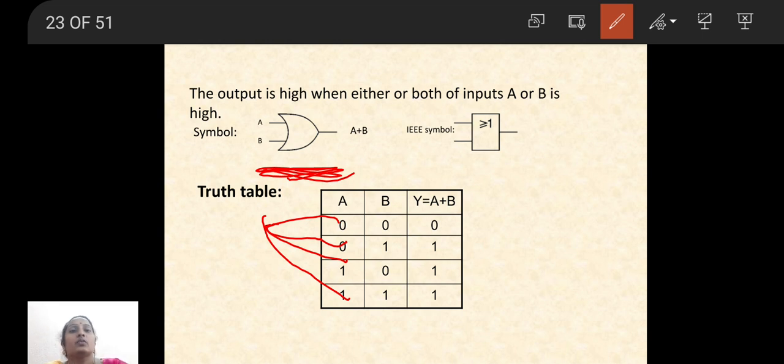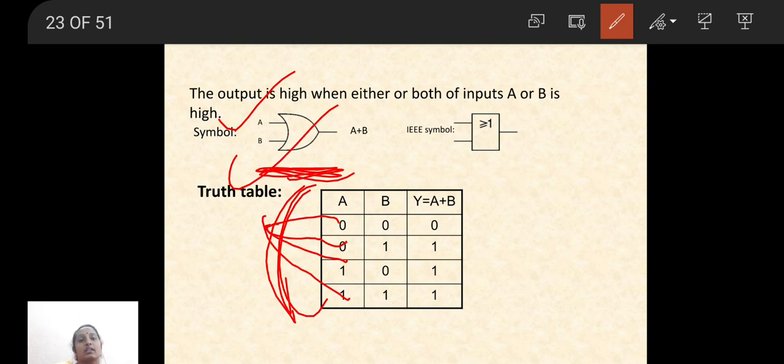And the output Y is equal to A plus B. This OR gate provides the function of addition. Checking: 0 plus 0 is 0, 0 plus 1 is 1, 1 plus 0 is 1, 1 plus 1 is 1.